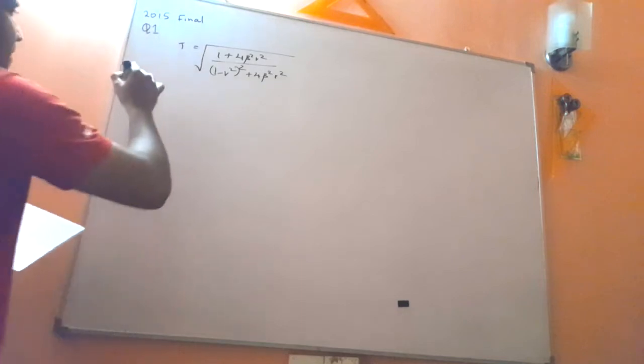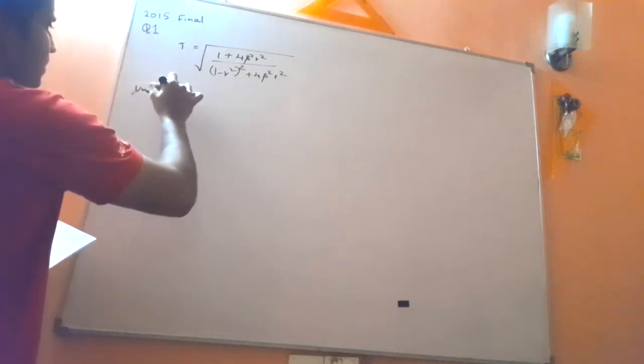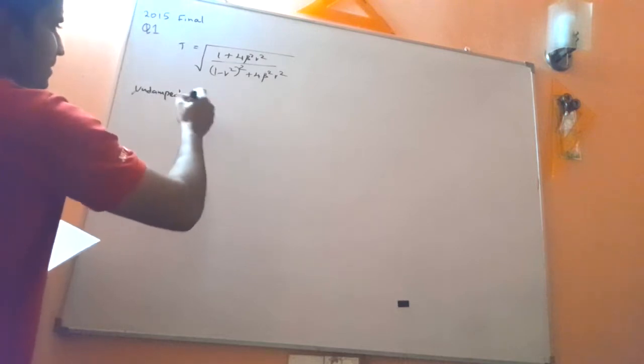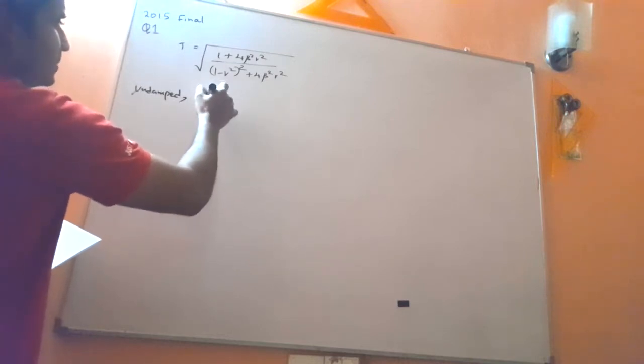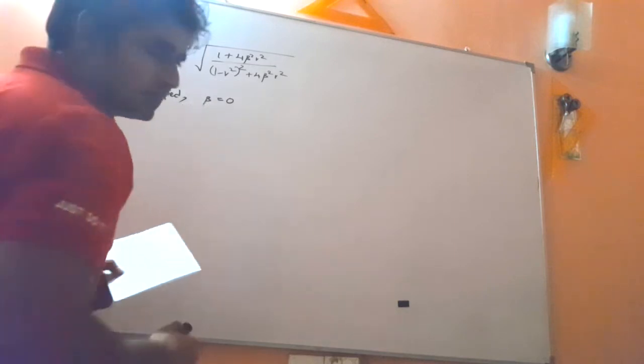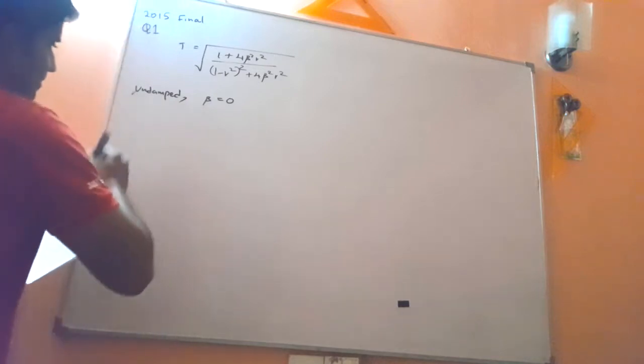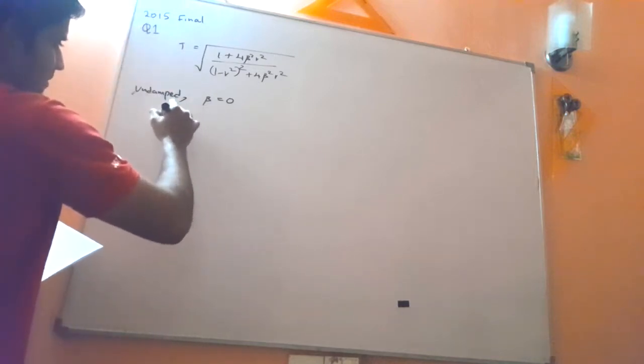Now this is undamped. Undamped means this beta equals 0. What is beta? Beta is the damping ratio. Then we can sketch the system like this.